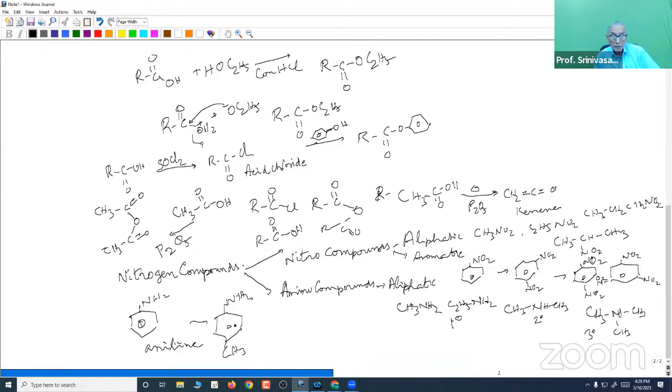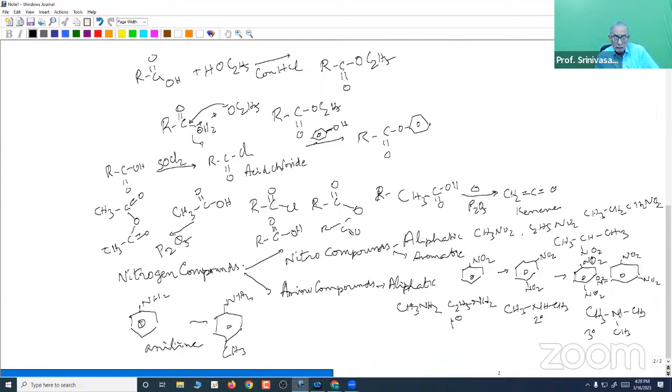You have toluidine, where the methyl group is in the 4th position compared to the amino group. You can have 3-methyl-aniline, 2-methyl-aniline, etc.